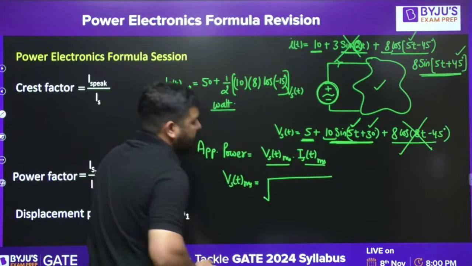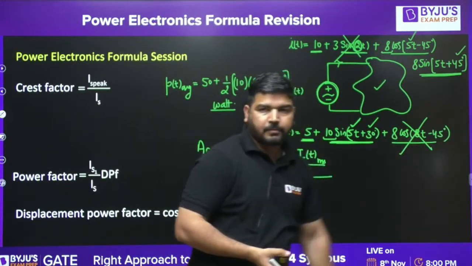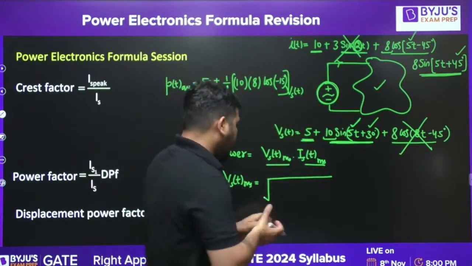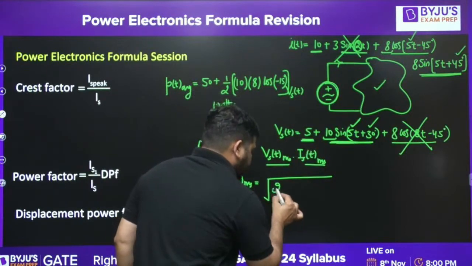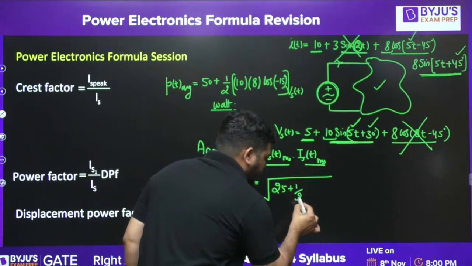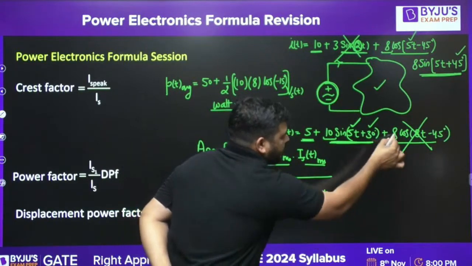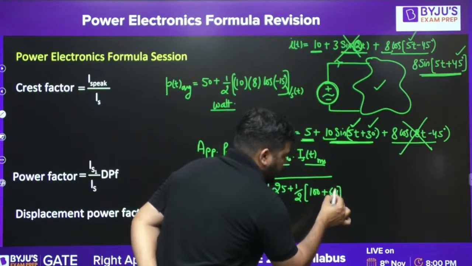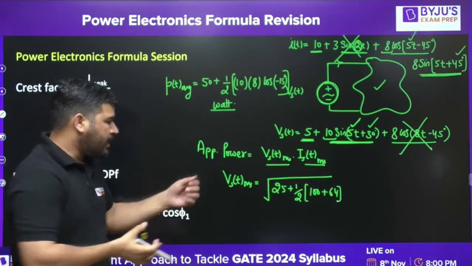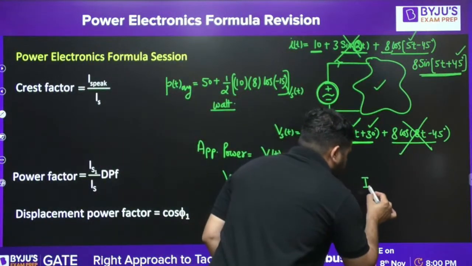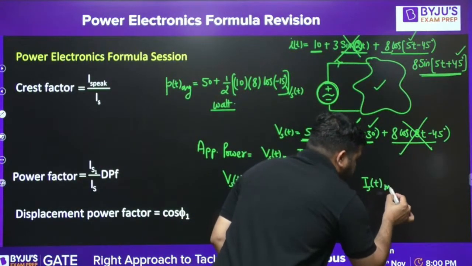So RMS voltage will be equal to, this is my voltage source. RMS value of this voltage source is the root of DC component square plus 1 by 2 AC component square and summation. That is 10 square is 100 plus 8 square is 64. You should know that. This is my V RMS. Now we should also calculate I RMS.